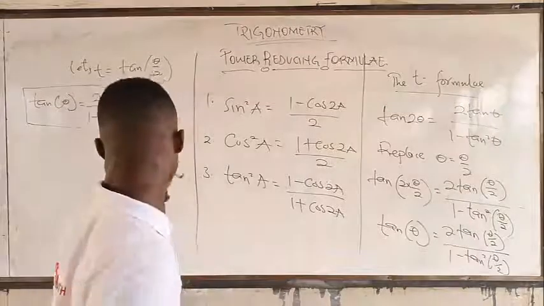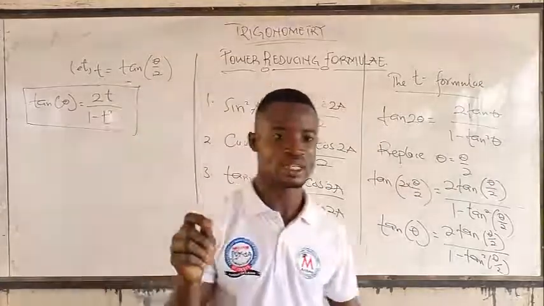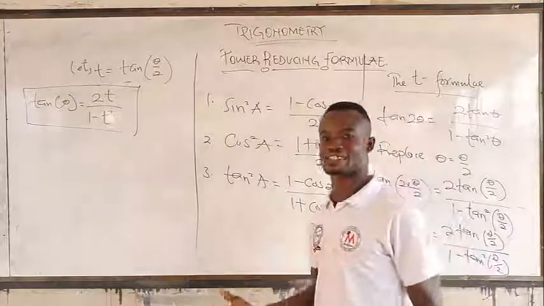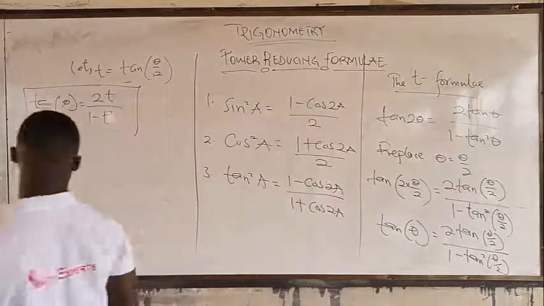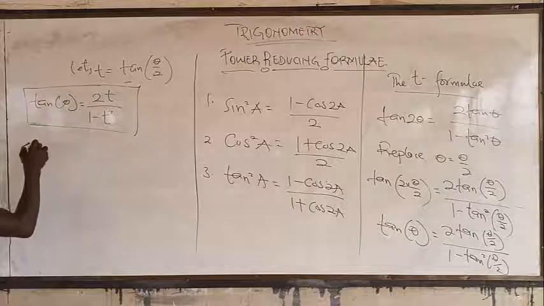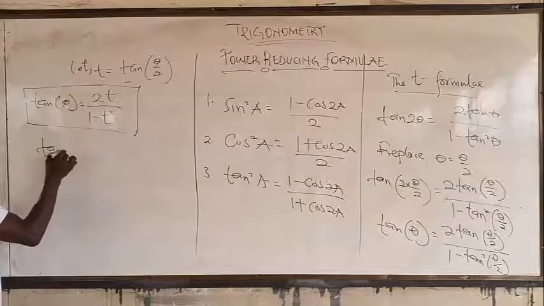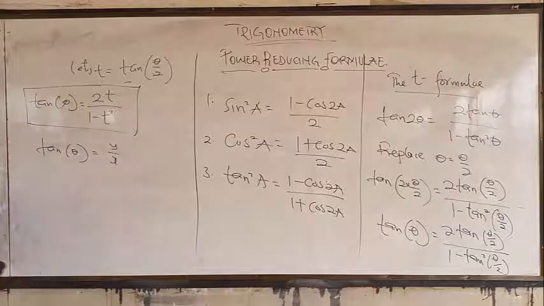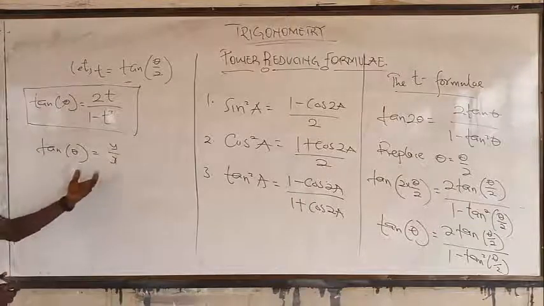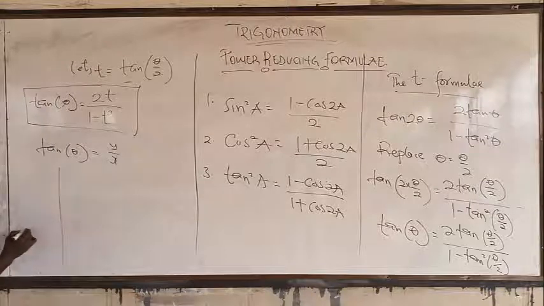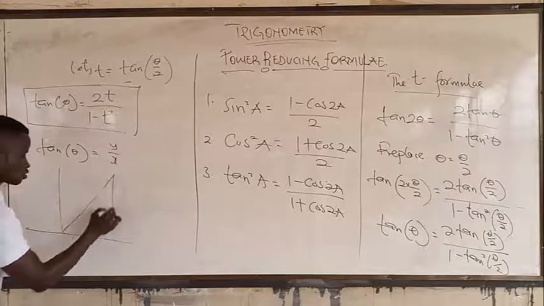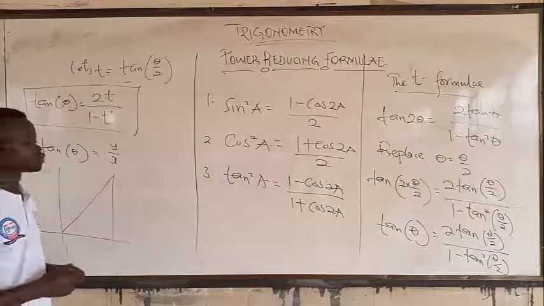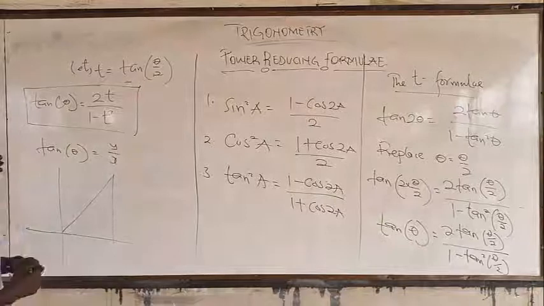Then we use this to find sin theta and cos theta, because we know that tan theta is equal to y over x. Then we can use the Pythagorean identity to get the radius also.